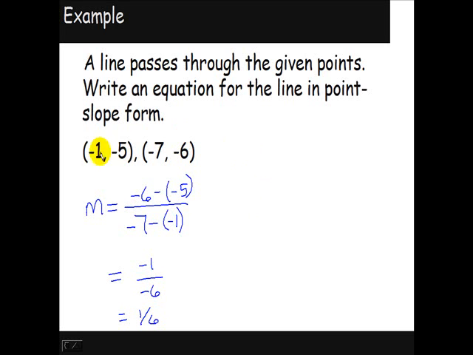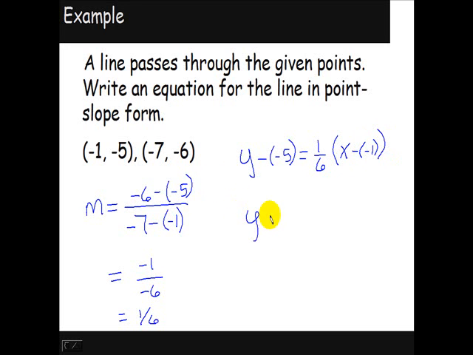So let's go ahead and use the first point. Y minus a negative 5, we're going to clean this up in the next line, is equal to our slope 1/6 times the quantity x minus negative 1. Let's clean up the double negatives here in the next line.